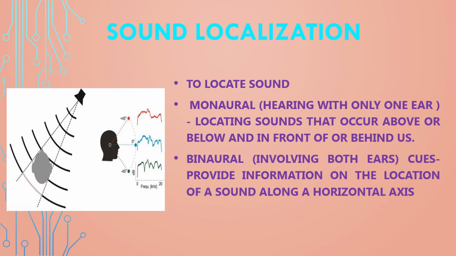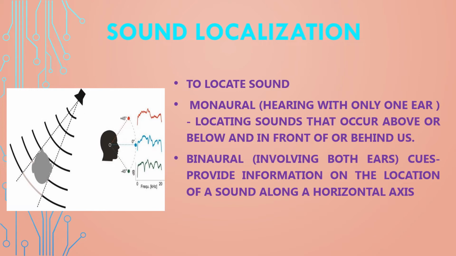Then binaural cues, which involve both ears, provide information on the location of a sound along a horizontal axis by relying on differences in the pattern of vibration of the eardrum between our two ears.